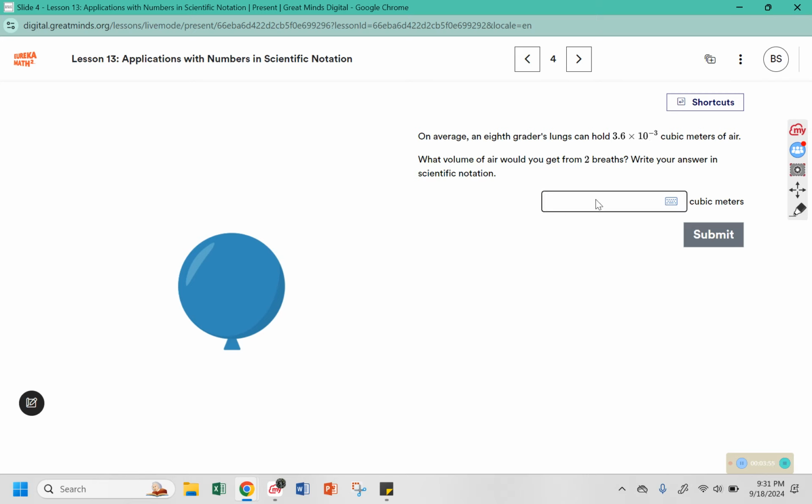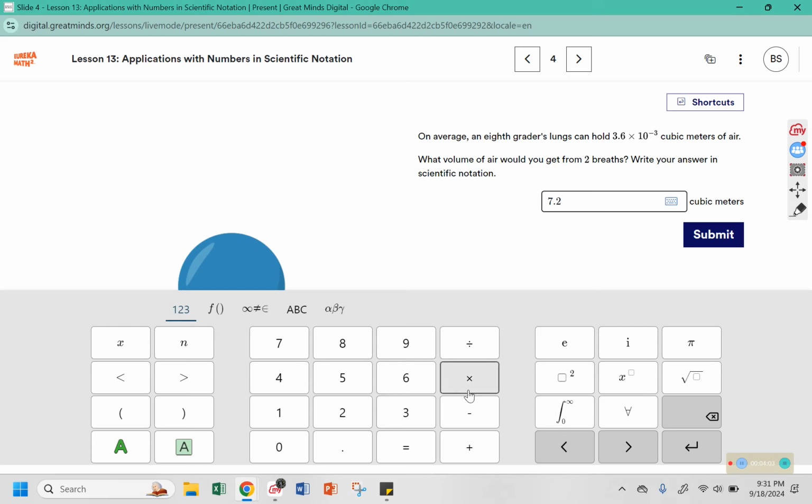Well, 3.6 times 2 would be 7.2 times 10 to the negative third power. Because we are just doubling this value, we don't need to reformat it into scientific notation because 7.2 is a single digit.